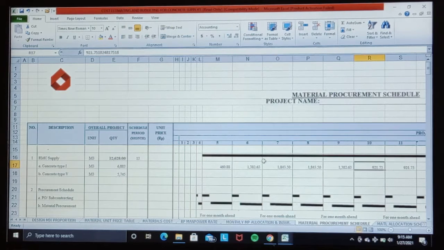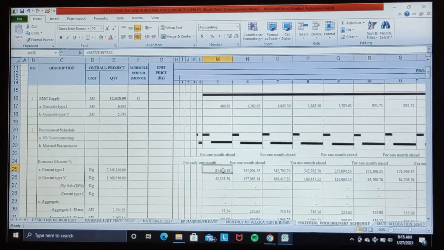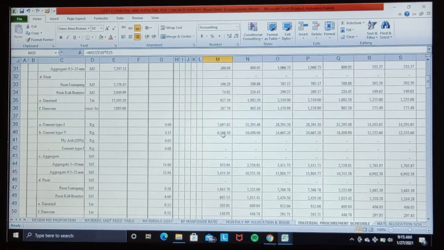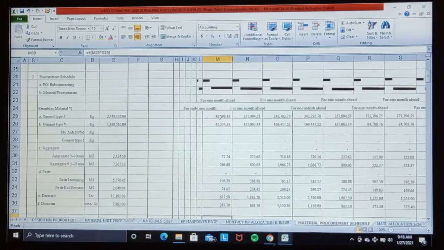Okay, the result of this calculation is obtained from the allocation of monthly concrete volume divided by the total concrete volume, multiplied by the total material requirement as previously calculated in the material requirement calculation table, as well as the calculation of material cost according to the material requirement allocation. You could see here this total price of material of each material.